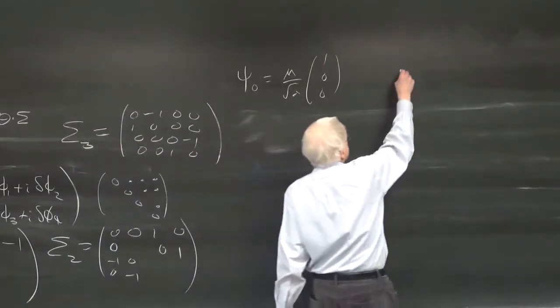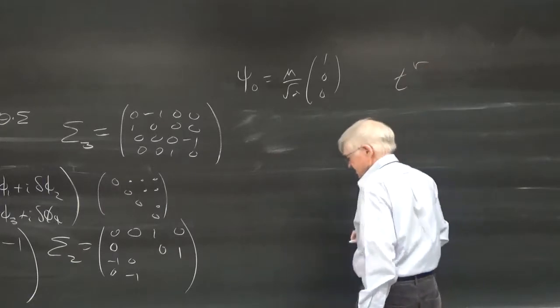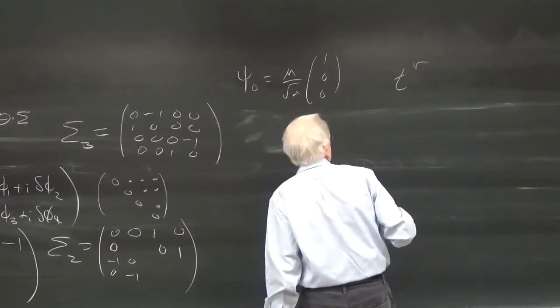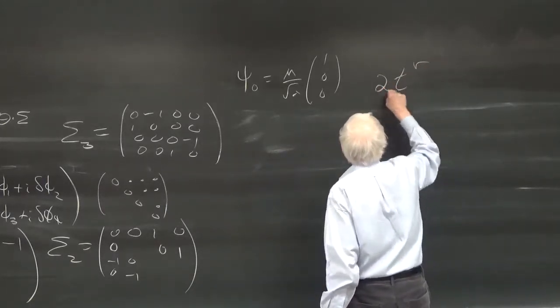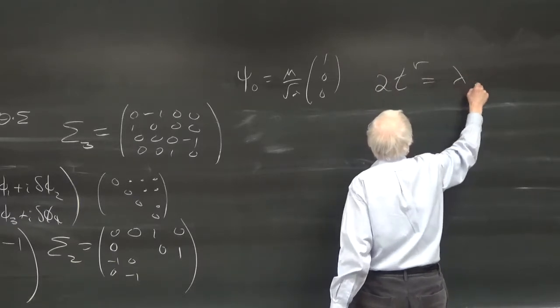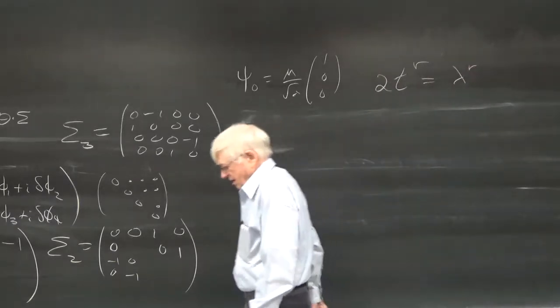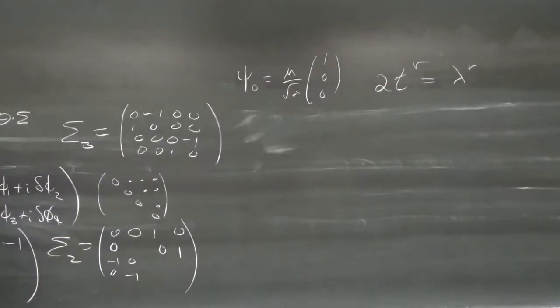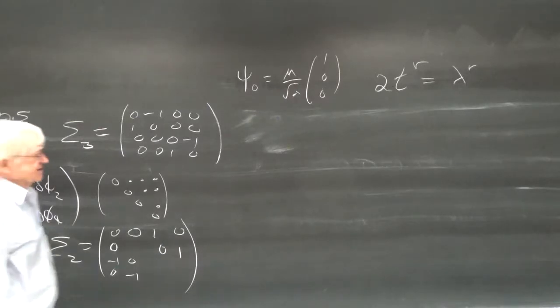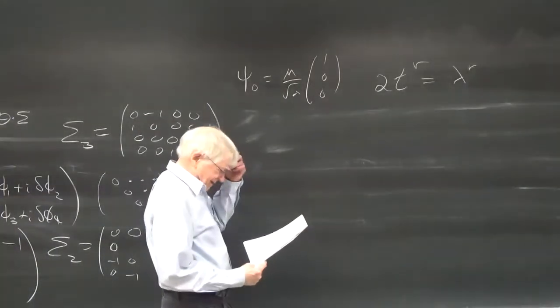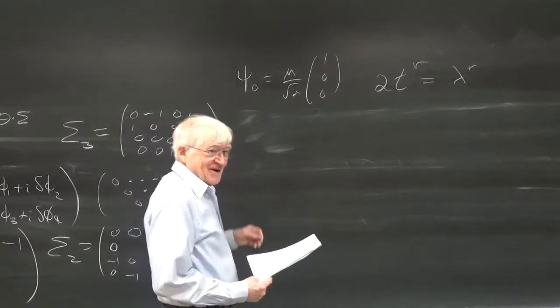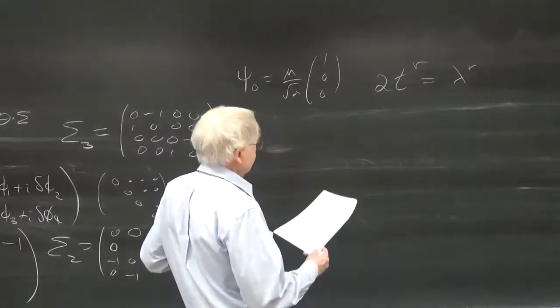I'll just call them T sub r, and 2 T sub r are what one might call lambda r. The lambdas were originally called the Gell-Mann matrices, but that was back in the 60s. I don't know if anybody except me calls them that at this point.